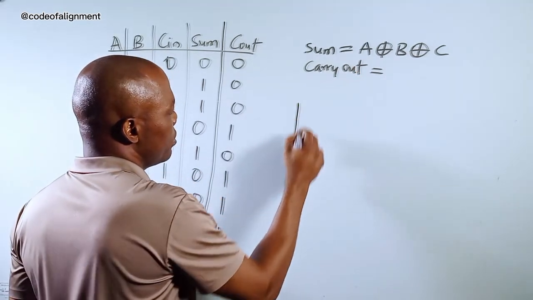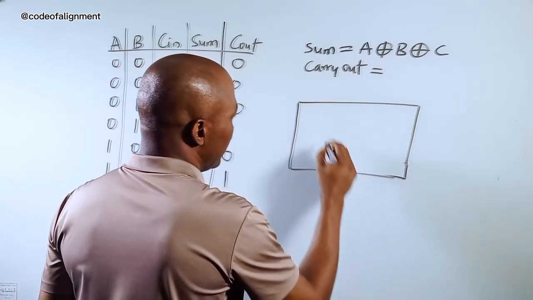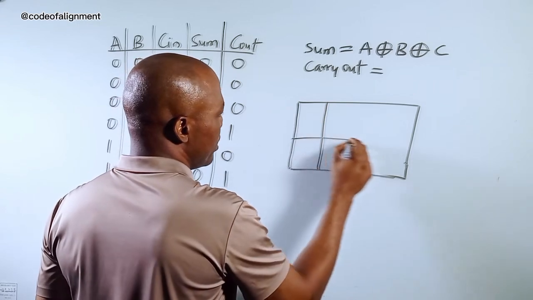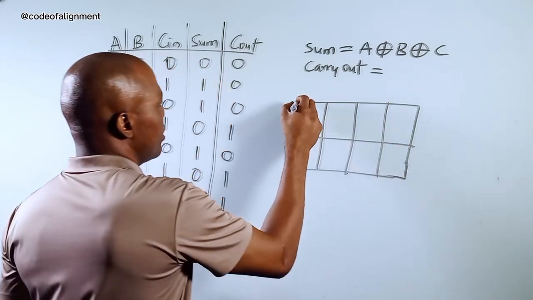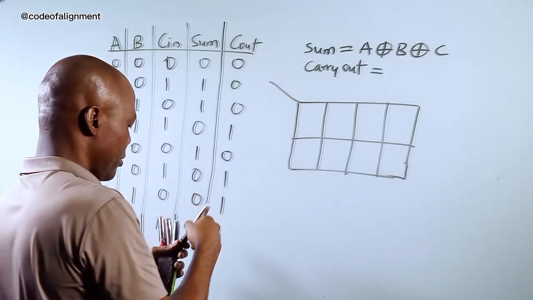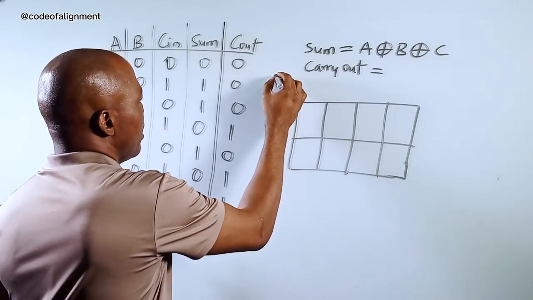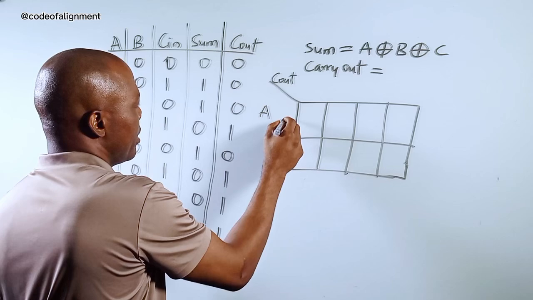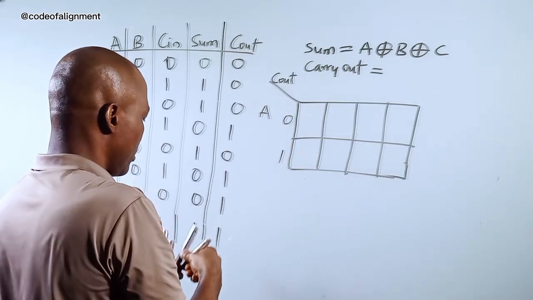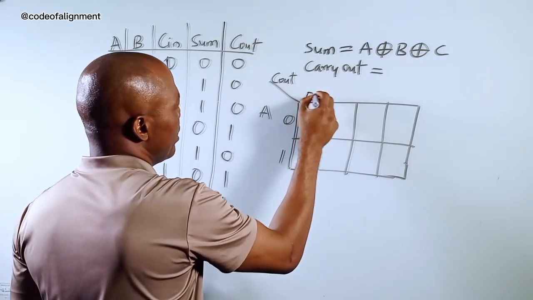So I'm going to do this. C out. So I have my A: 0, 1. Here will be 0, 0.